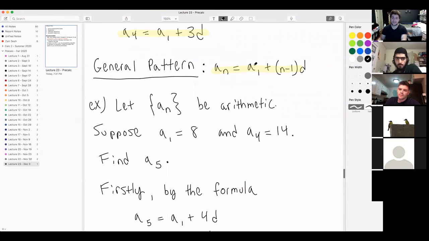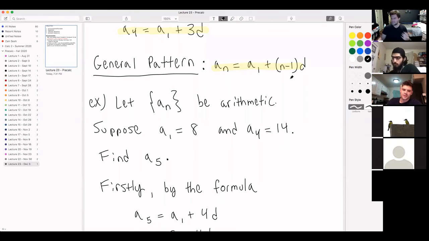Oh yeah, and the first term will be given to you, or you'll be able to find it. So a sub 500 will be a sub 1 plus 499 times d. And d would be given to us probably too, right? Yes, d, or there is going to be some way to figure it out. Absolutely. Yeah, thank you.